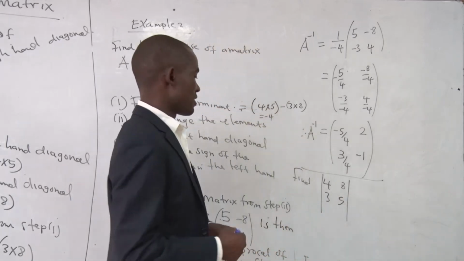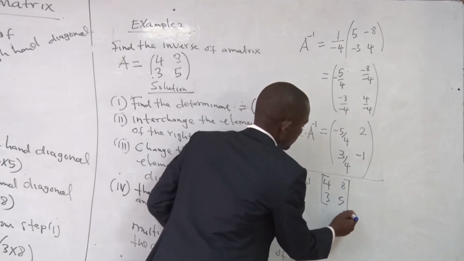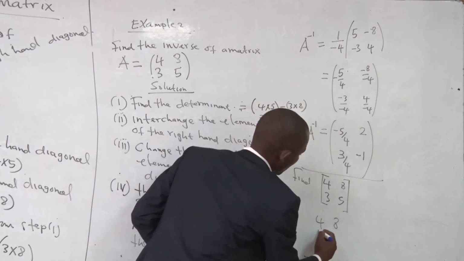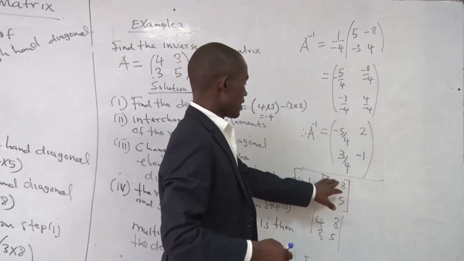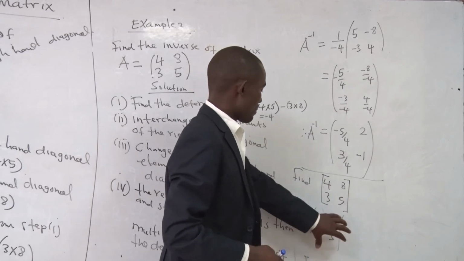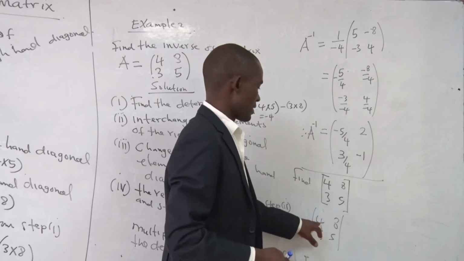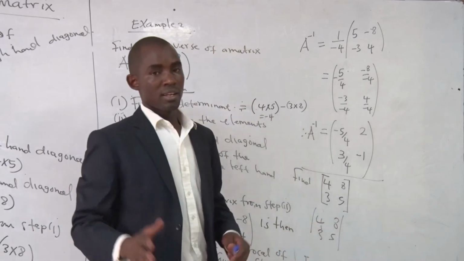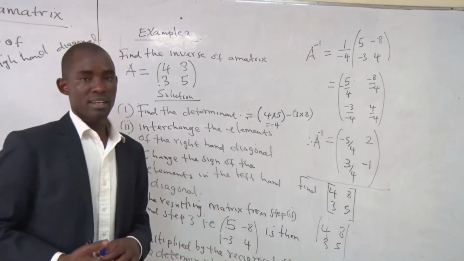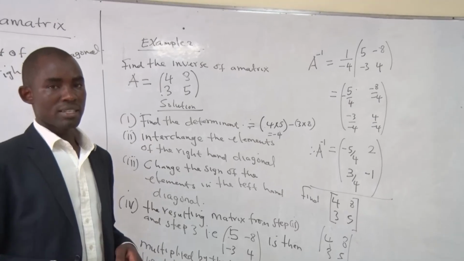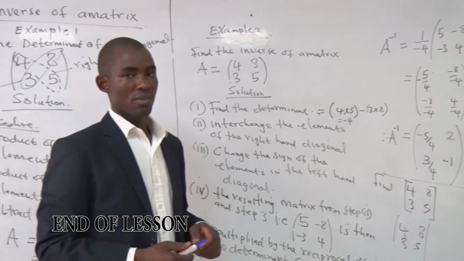Do not confuse them: writing the matrix alone is just a matrix, but the straight bars command you to find the determinant of the matrix. So this brings us to the end of this particular session. Thank you.